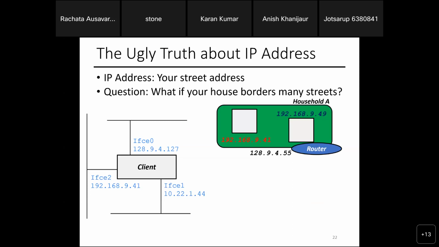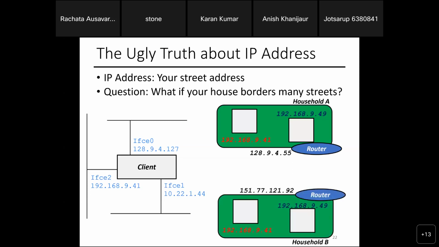The router knows, okay, .41 goes to that machine, .49 goes to that machine. Internally, in another household, I can also have .41, right? That's the legit IP address of that computer from the point of view of your router. But it's two totally different machines because they are on two different networks.